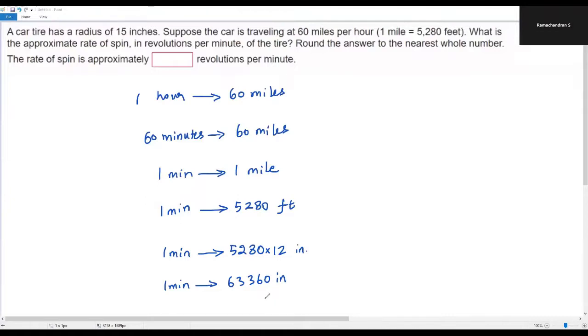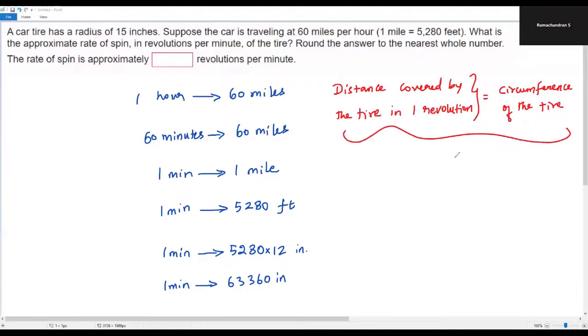Also, we have to find the distance covered by the car tire in 1 revolution. There is a formula for that. The distance covered by the tire in 1 revolution equals the circumference of the tire. The tire is in the shape of a circle, so we can find the circumference using the formula 2 times pi times r, where r refers to radius.